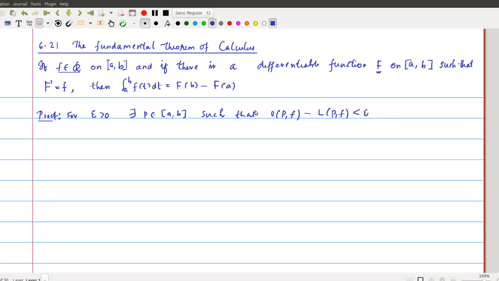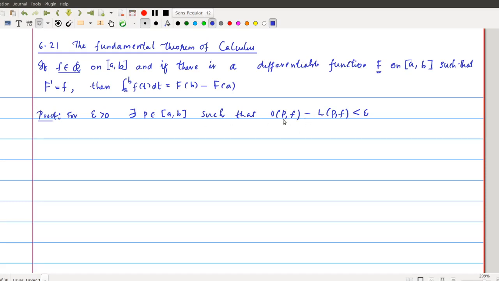This is proved in theorem 6.6 in the case of the Riemann-Stieltjes integral, so it is also true for the Riemann integral. This can be considered a characterization of Riemann integrability.